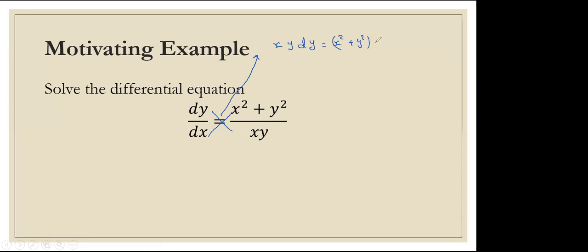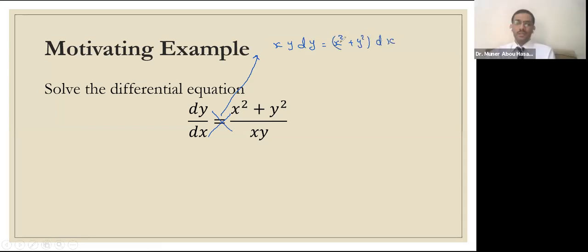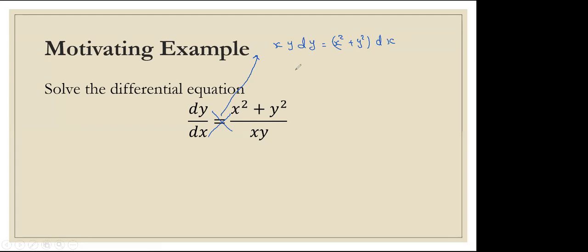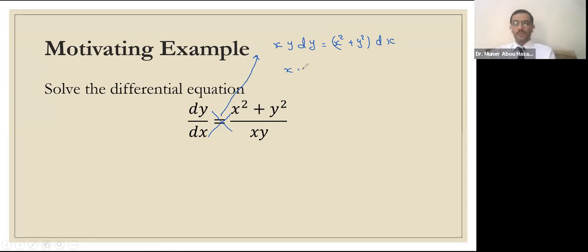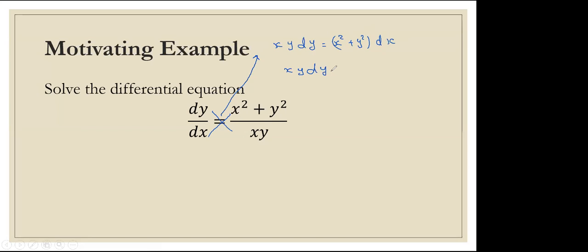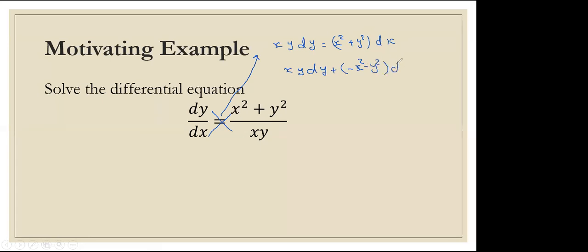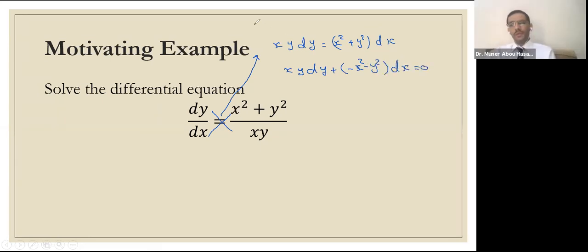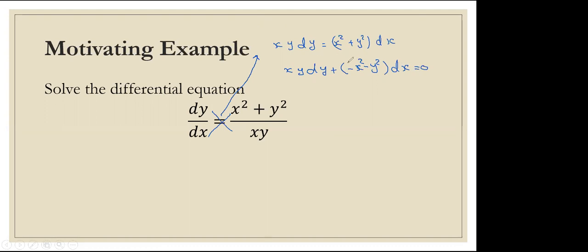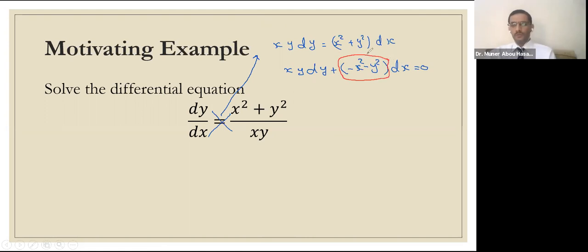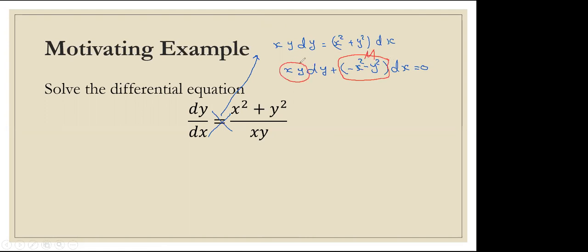Then I will move the dx to the other side. So it's xy dy plus, or minus? We could make it plus and change the signs inside the bracket: negative x squared minus y squared, dx equals 0. Where is your M and your N? M is negative x squared minus y squared, the coefficient of dx, and this is my N.